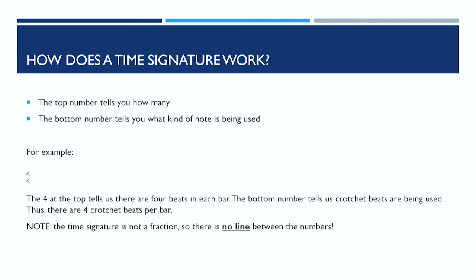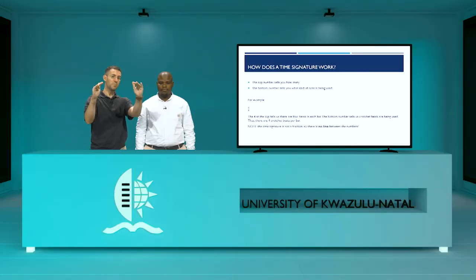So the top number of a time signature tells you how many you are going to be dealing with. The bottom number tells you what kind of note you are going to use. So there are only a certain number of numbers that you can have at the bottom. And this is where the family tree of notes comes in very helpful. If you remember the family tree of notes, at the top was the semibreve. It divided into 2 minims. So there could be 2 minims in a semibreve. Then that divided into 2 crotchets.